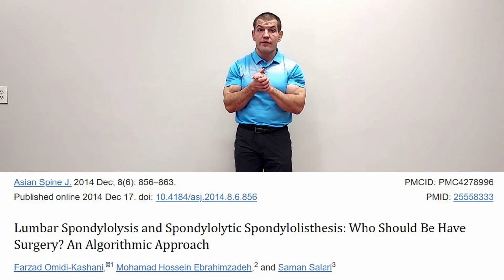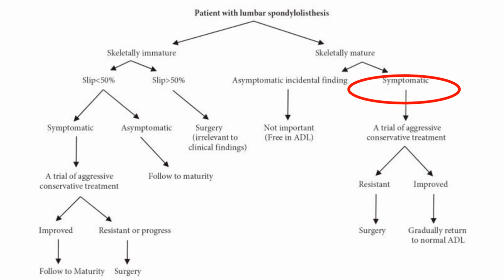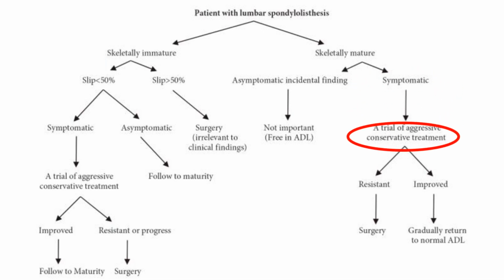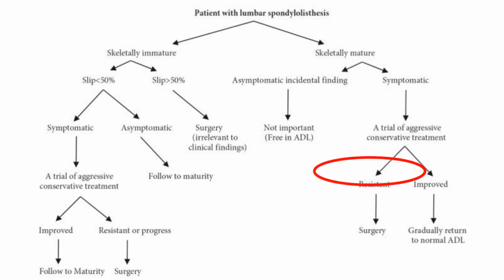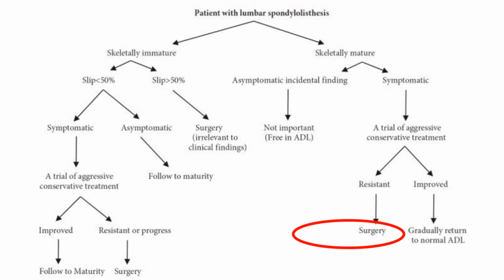Now, the decision as to whether or not you'll need surgery for a spondylolisthesis is usually based more off of your symptoms as well as your response to conservative treatment, more so than the severity of the spondylolisthesis. There is an exception that in children or adolescents who are skeletally immature, meaning their growth plates haven't fused yet, a slippage of more than 50% is usually an automatic indication for surgery.